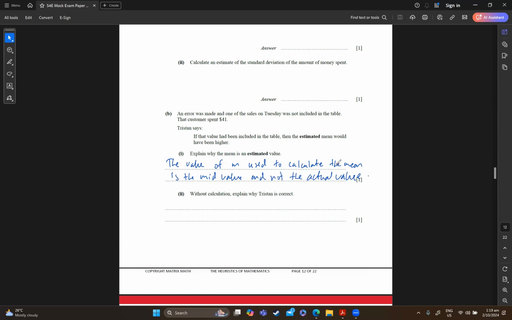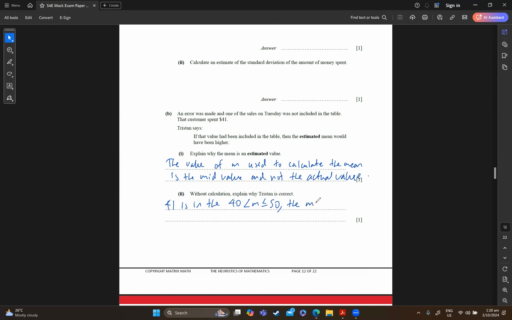Okay, part two. Tristan says that if the value had been included in the table, then the estimated mean would have been higher. Okay, so without calculation, explain why he is correct. Because 41 is in the range of 40 till 50.